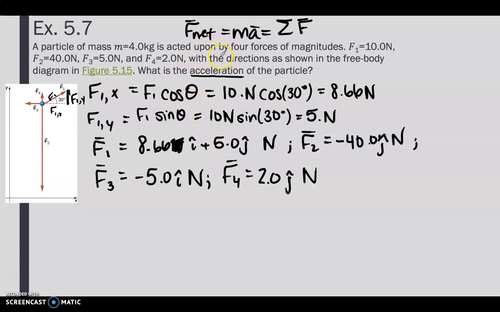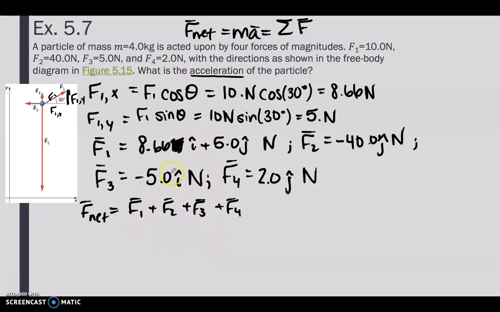Now we need to find the acceleration of the particle, and we need to figure out what our net force is. So F net is going to be the summation of all of these, F1 plus F2 plus F3 plus F4.